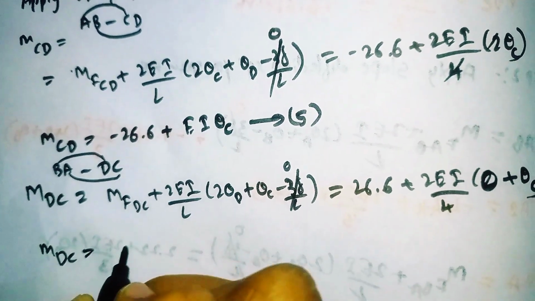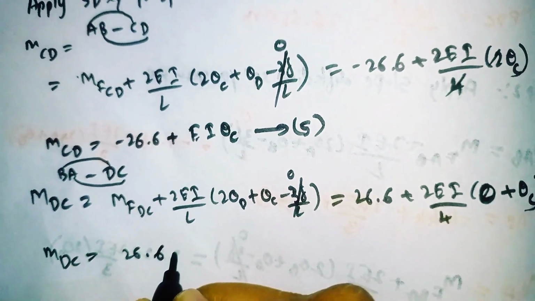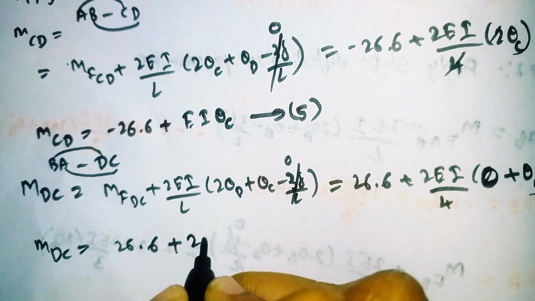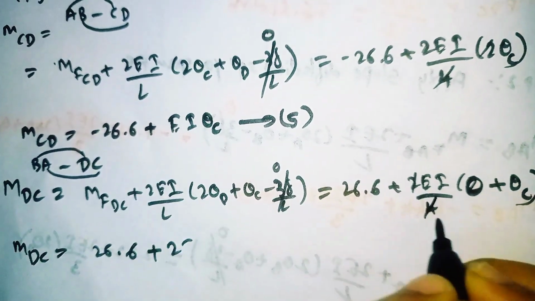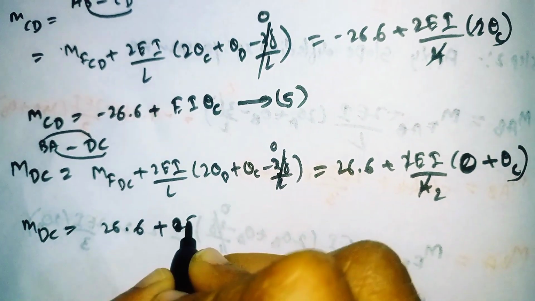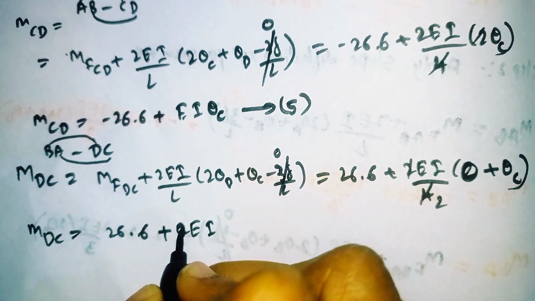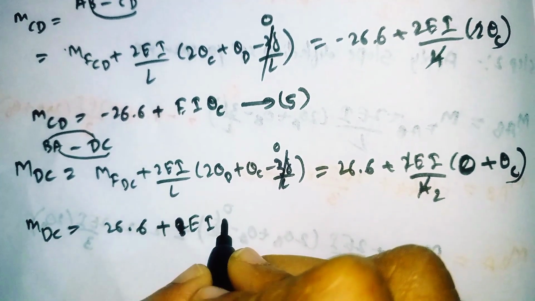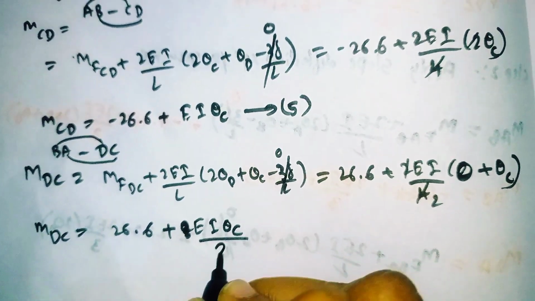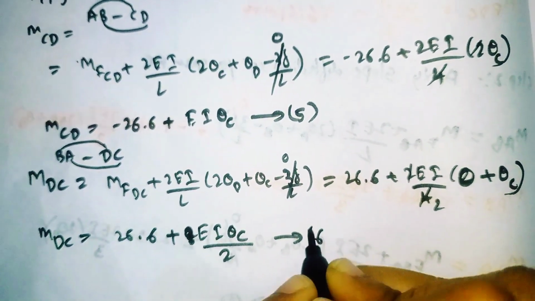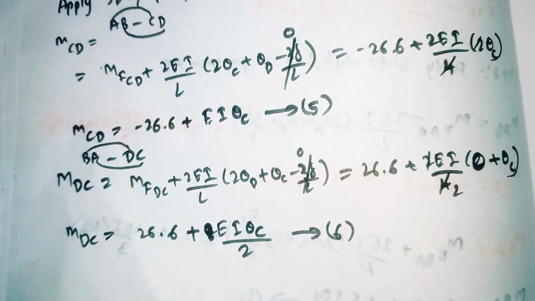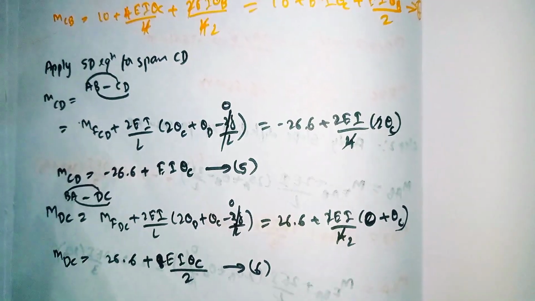MDC is equal to 26.6 plus EI theta C divided by 2, call it equation number 6. So this is our second step. Our second step is completed.